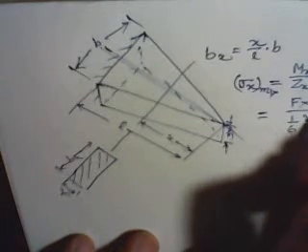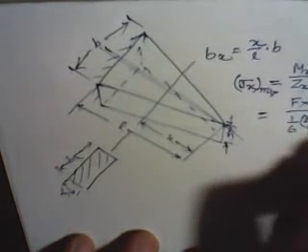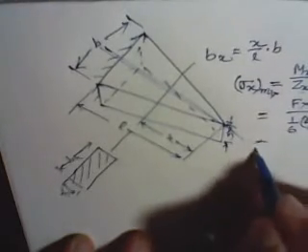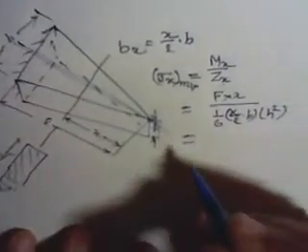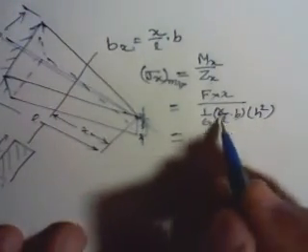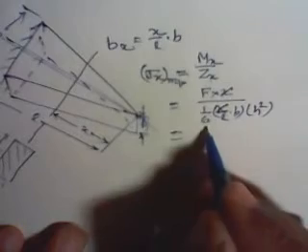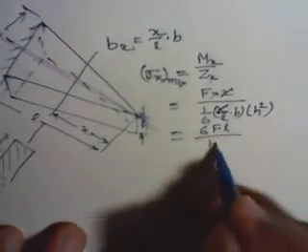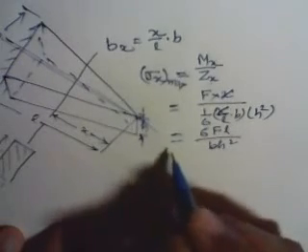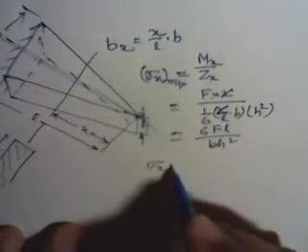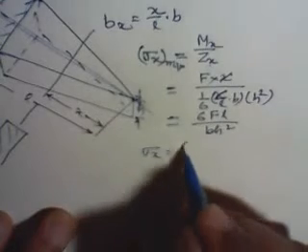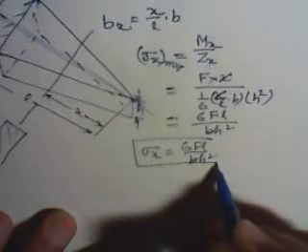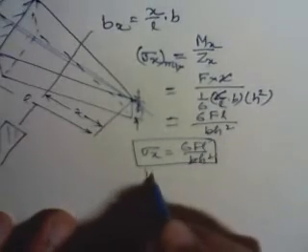Here we write Bx as x by L into B, and then it is H square. So x and x cancel out. It is 6FL divided by BH square. Now this value of sigma X that we obtain is independent of x.